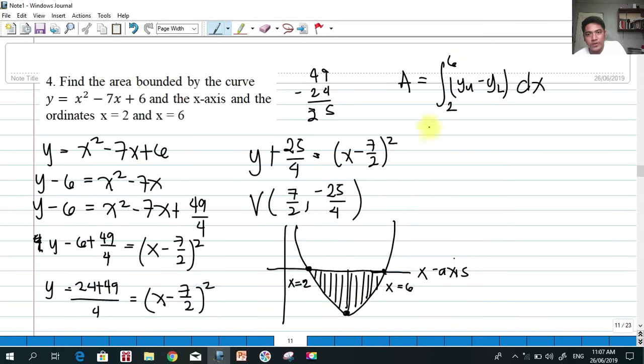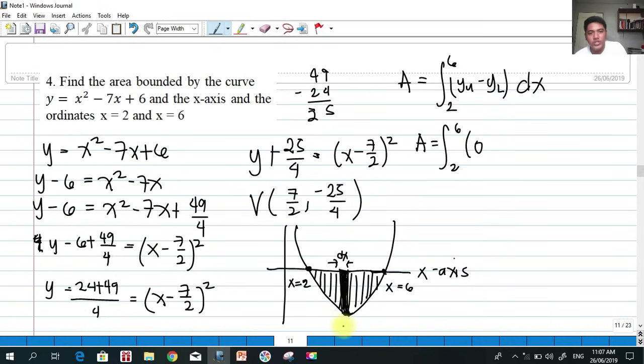Here, if we use a vertical strip, we have a width of dx. Its upper touches the x-axis, so our y upper should be 0.